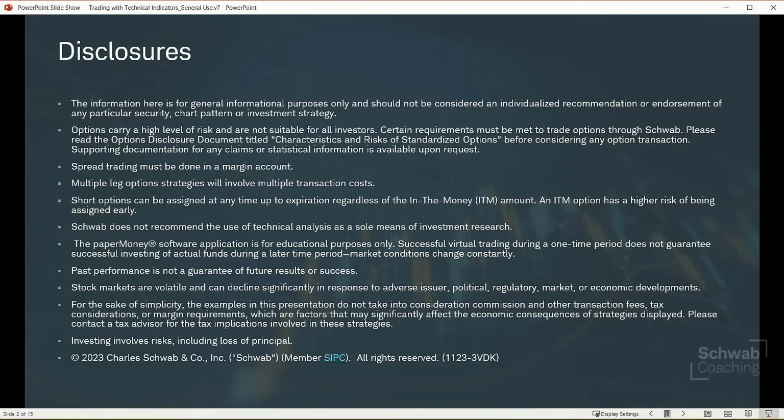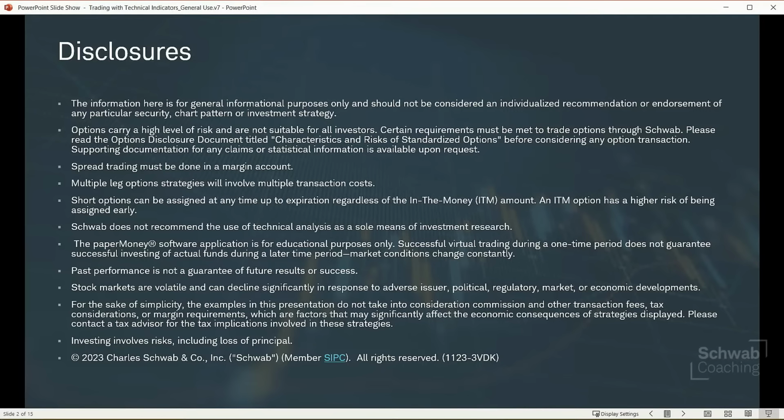Remember, as we get started, the information here is for general informational purposes only, and should not be construed as an individualized recommendation or endorsement of a particular security, chart pattern, or investment strategy. Also understand that options carry a high level of risk and are not suitable for all investors.